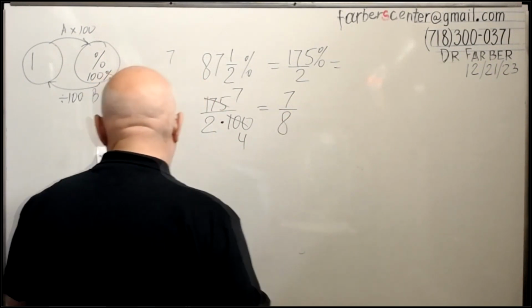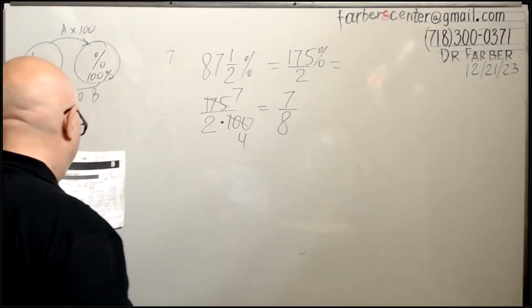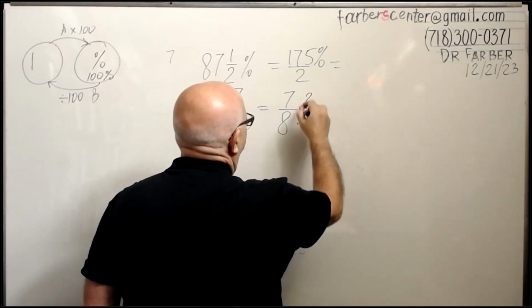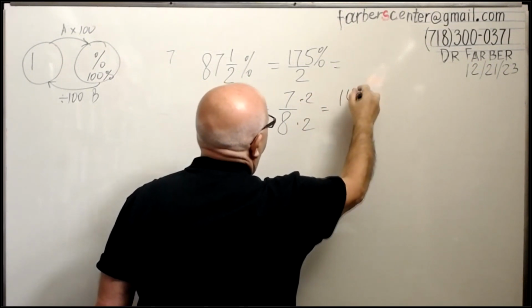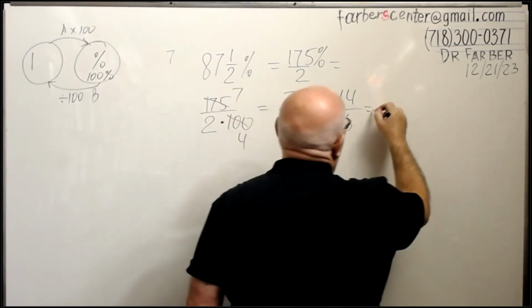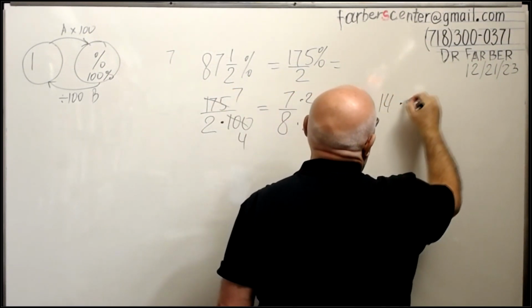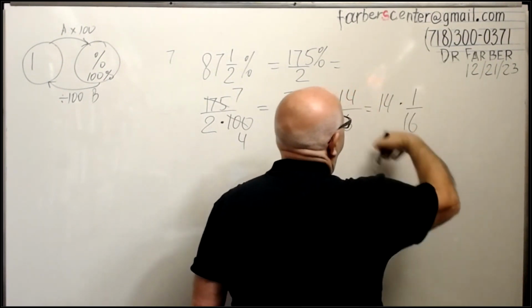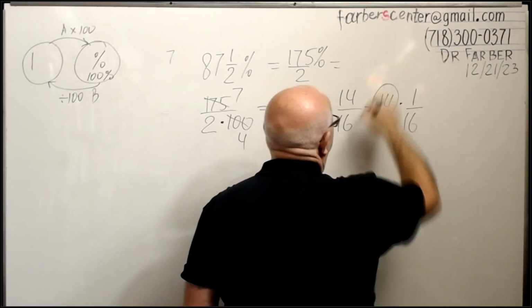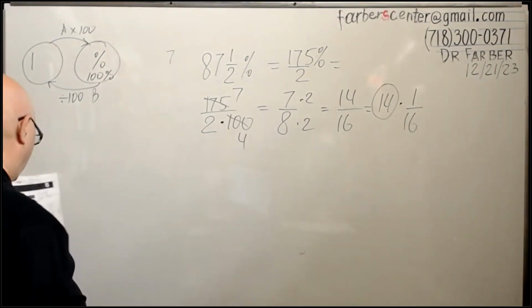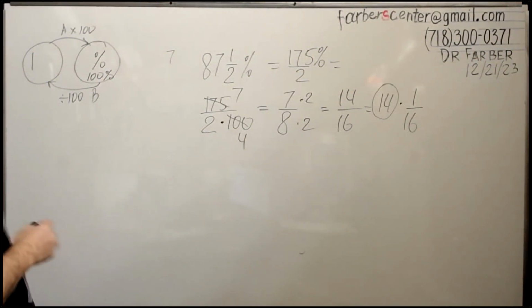But they ask you, how many 16ths? So multiply by 2, multiply by 2. I got 14 16ths. Or you can write 14 times 1 over 16. How many 16ths I have? 14 16ths. What I did, I just converted this to number. So far, so good. Questions?